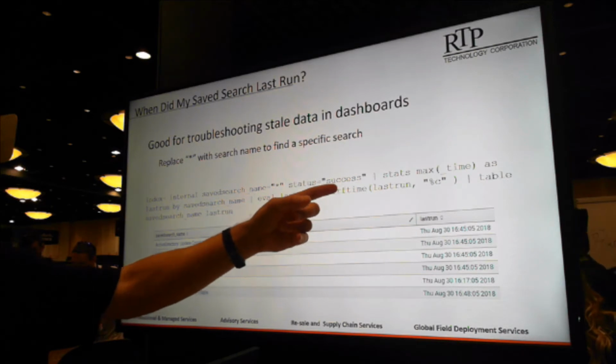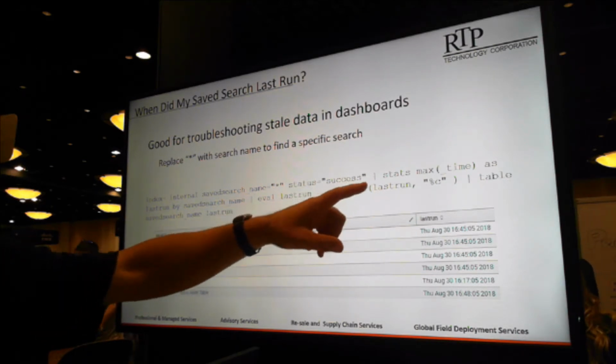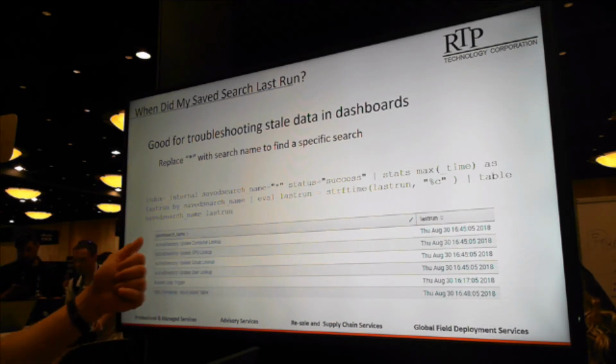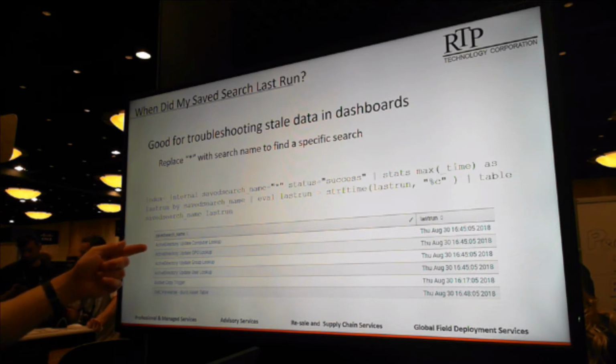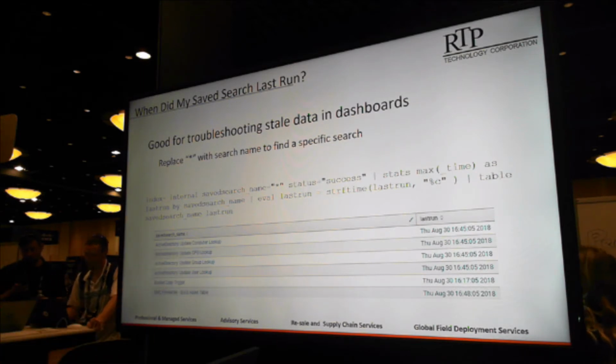Look for successes, so you'll know that the search completed, and then we can pull out the last time it ran, as well as how long it took to run, and you'll get a list. In this case, I kept the star in, but you can replace the asterisk with any of these saved search names, and you'll find out exactly when it ran.